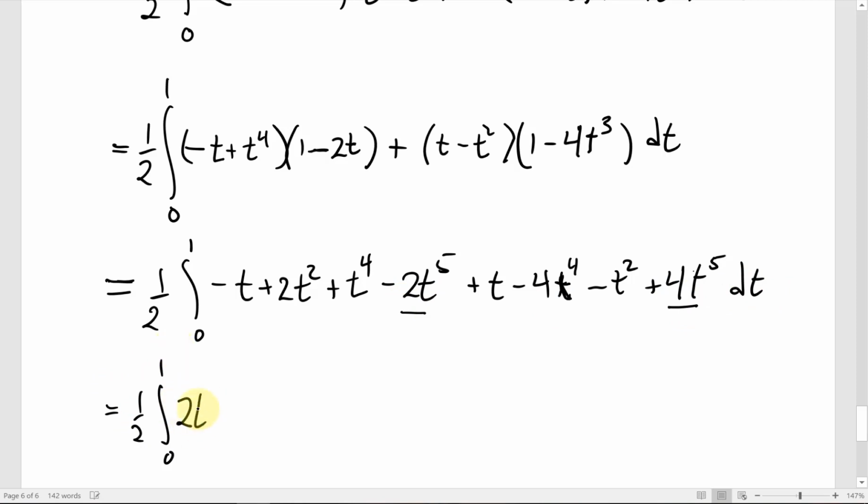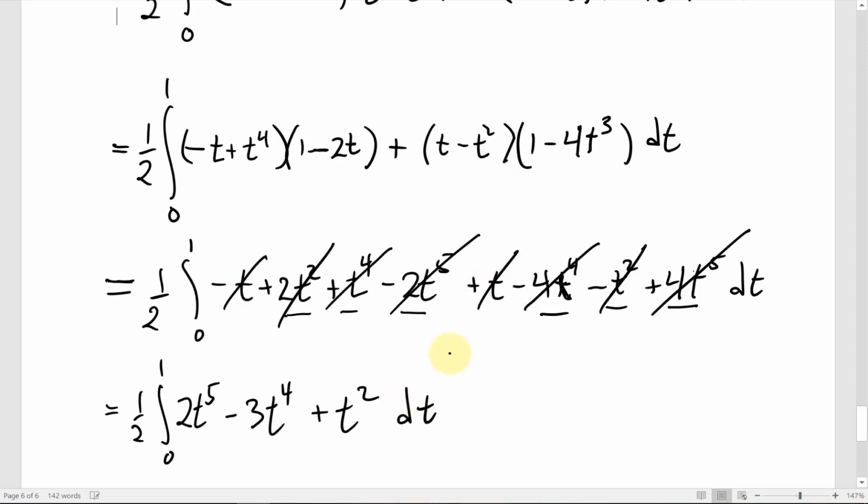We've got some like terms here. We can combine the t to the 5th terms, and the t to the 4th terms. There's a t squared term we can combine, and the t's cancel.